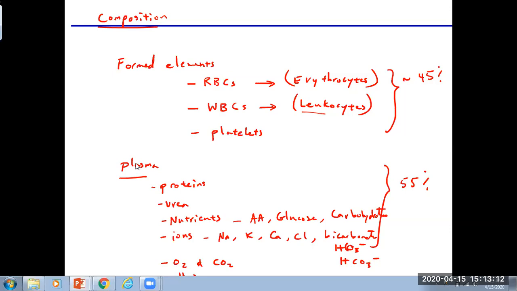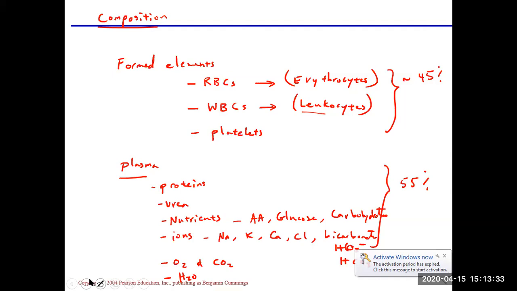If we wanted to get an idea about this percentage, because the percentage might actually vary, why is it going to vary? Well, first, let's define what hematocrit is. Hemato refers to blood.